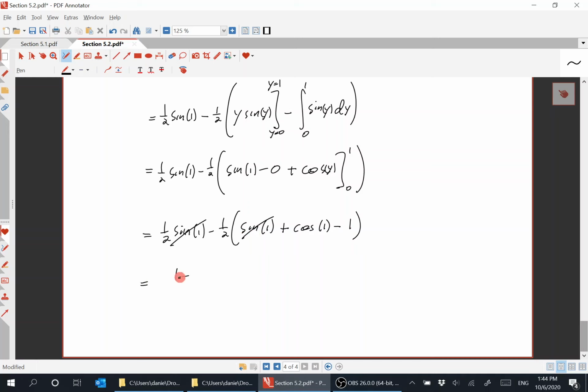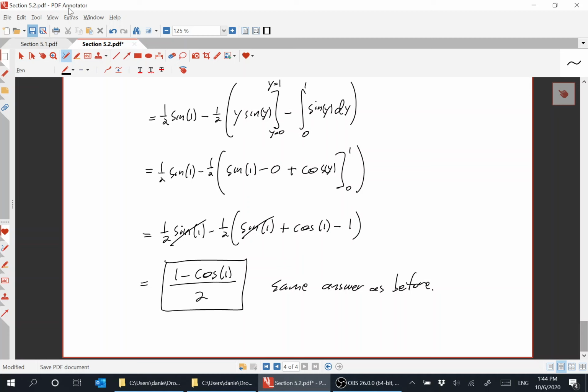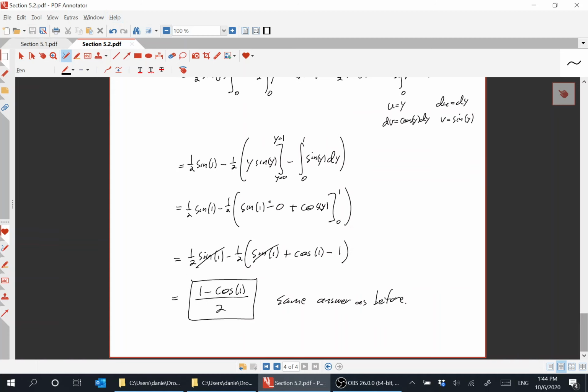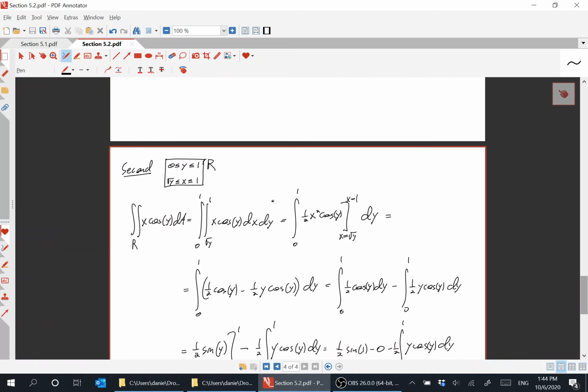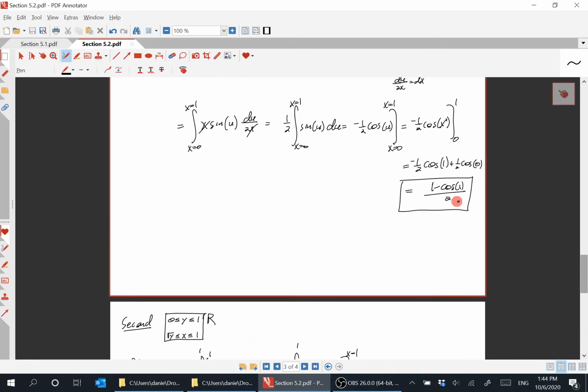So that's equal to 1 minus cosine of 1 over 2. Same answer as before. All right, 1 minus cosine 1 over 2.